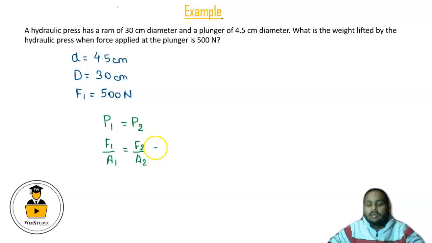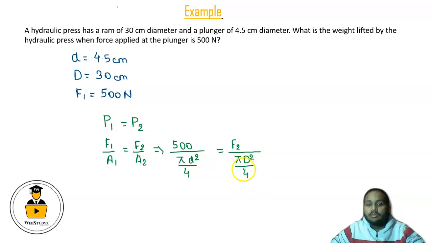Let us put the values. F1 is 500 newtons. Area in terms of diameter we can write as pi into small d square by 4. This will be equal to F2 divided by pi into capital D square upon 4.